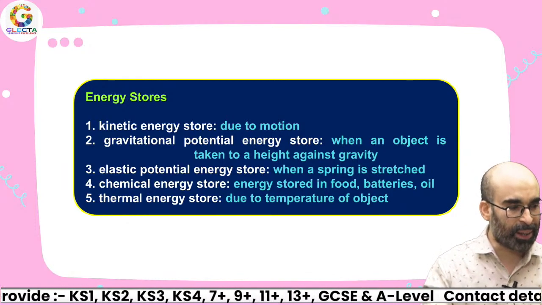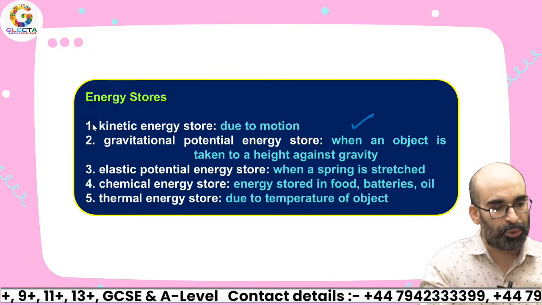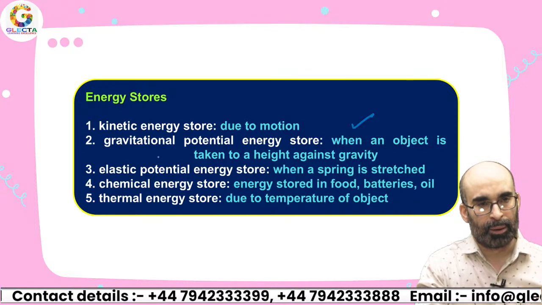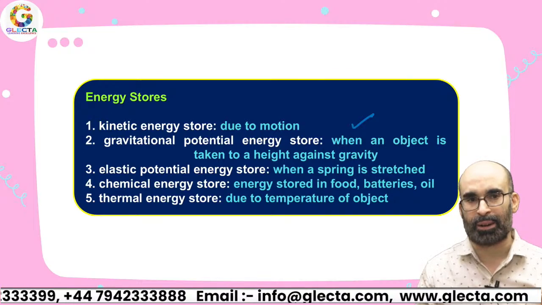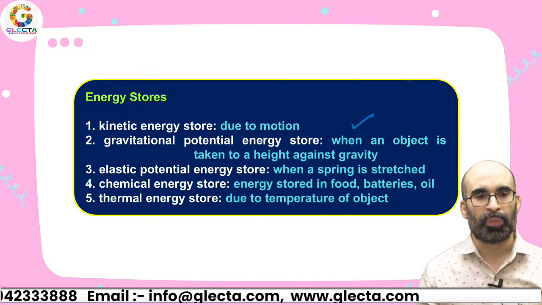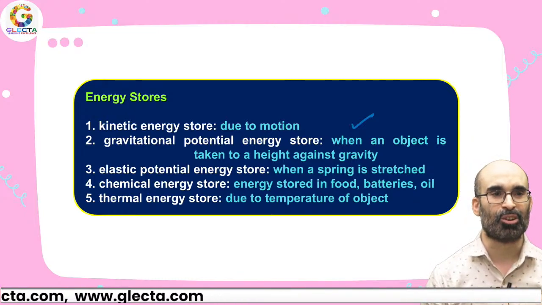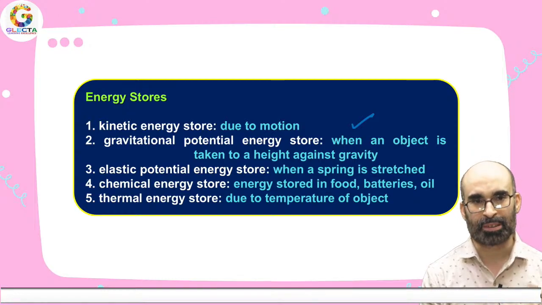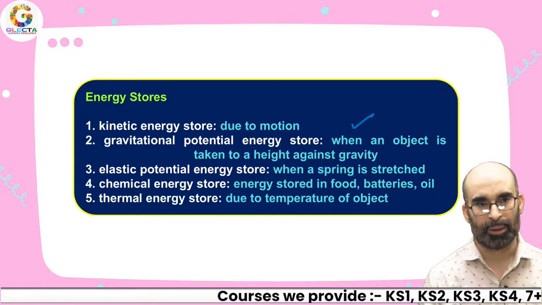First is kinetic energy, and you know that this is energy when the object is in motion. Right? When object is at rest, there would be no kinetic energy. When object is moving faster, it has got higher value of kinetic energy. When it is moving slower, it has got less kinetic energy.